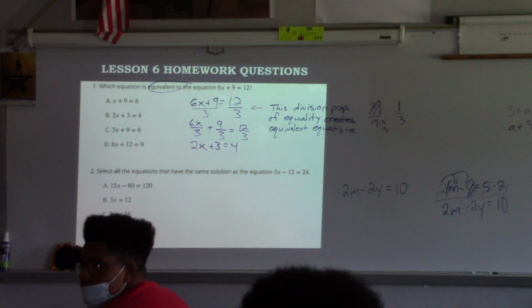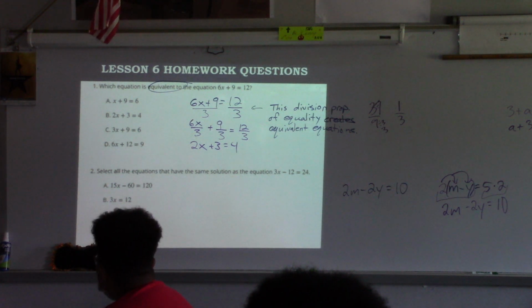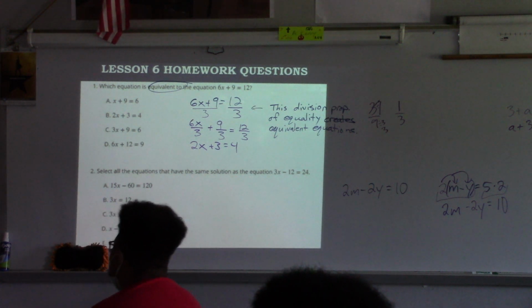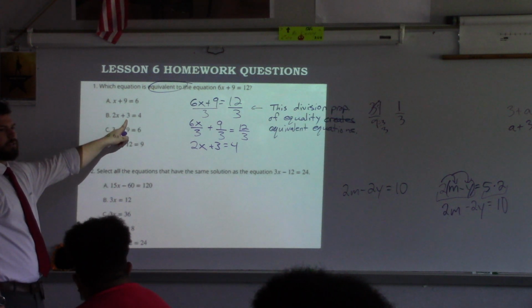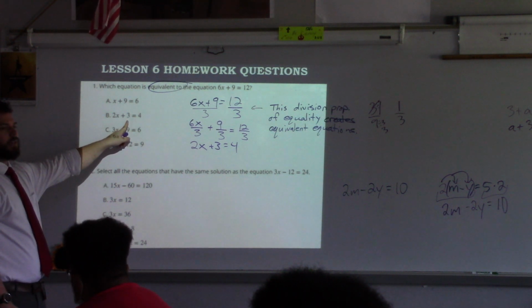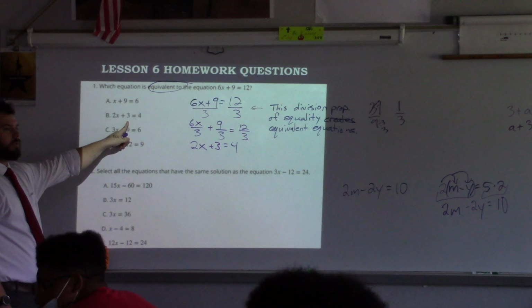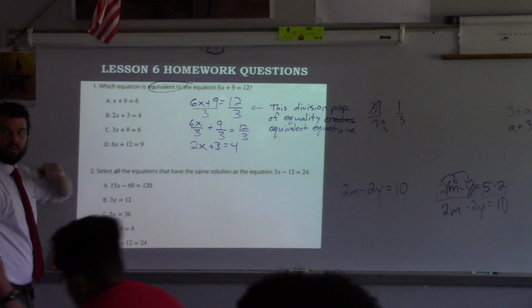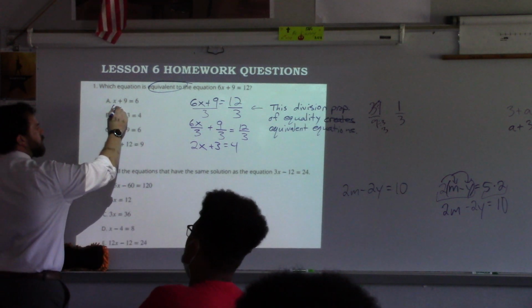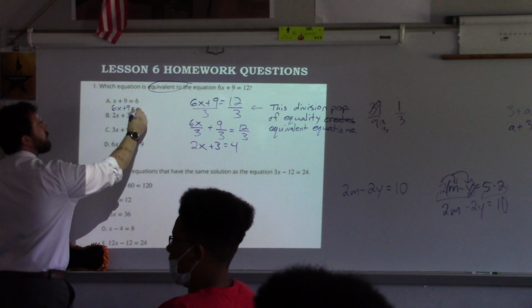Yes, Kelsey? Where did she get 3? That's a great question. Where did you get 3 from, Dee Dee? I divided, because there's 3, so I divide this side by 3, this side by 3. It's a common factor of 6, 9, and 12.